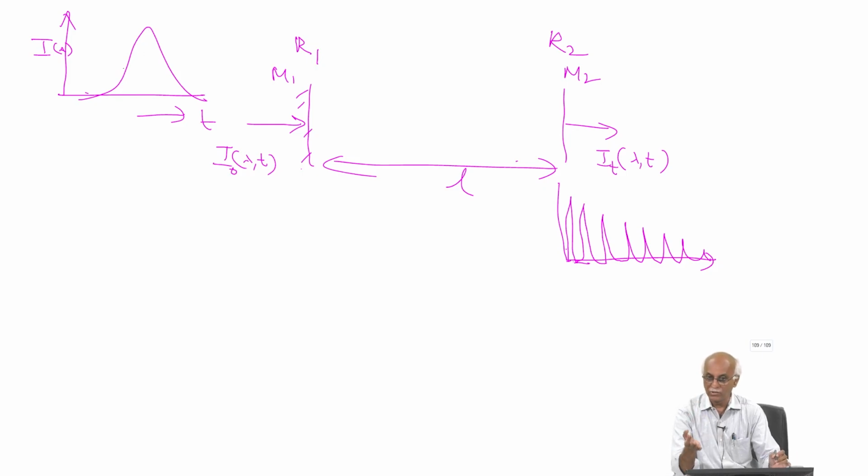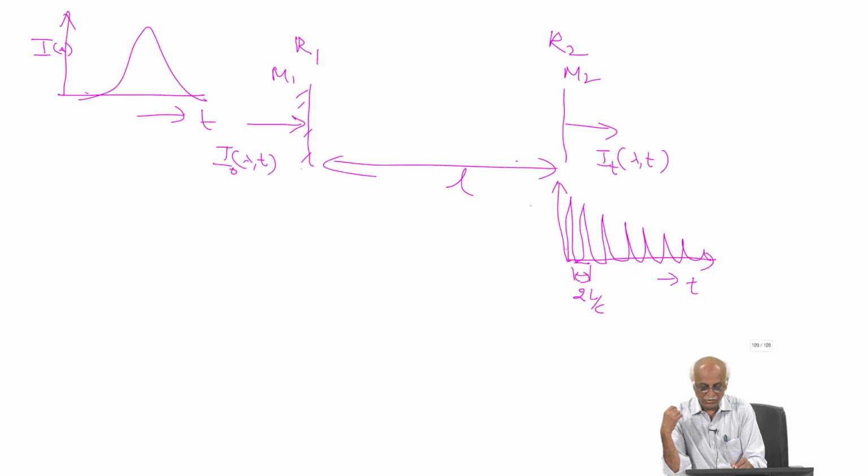The output is going to be like this. This represents the round trip time, which is 2L by c, and this is the transmitted intensity against time T. So, you will see a decay characteristic.